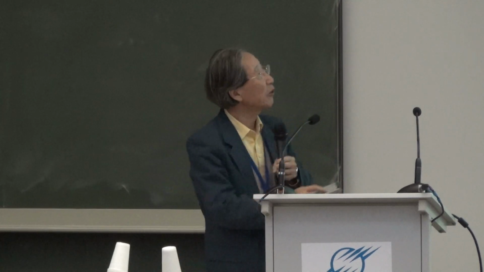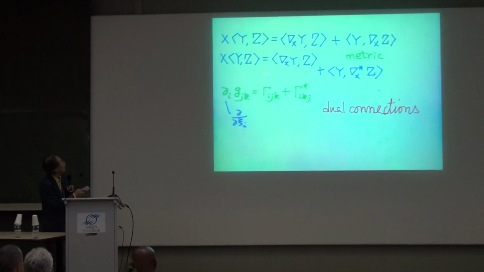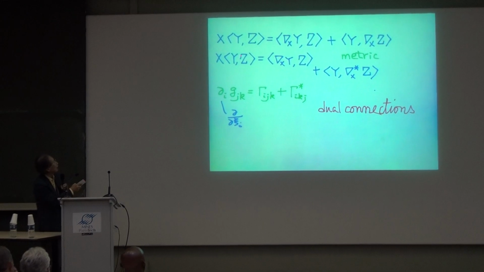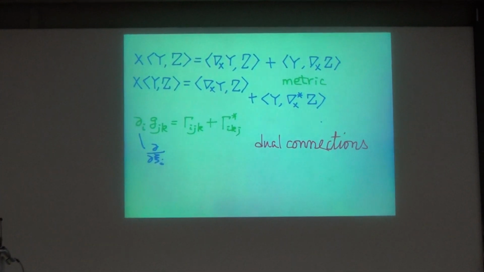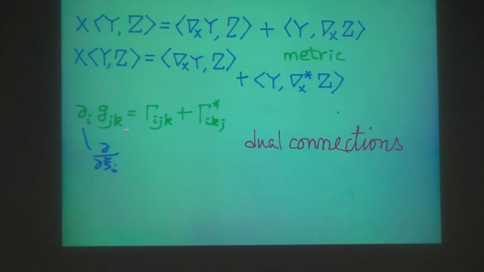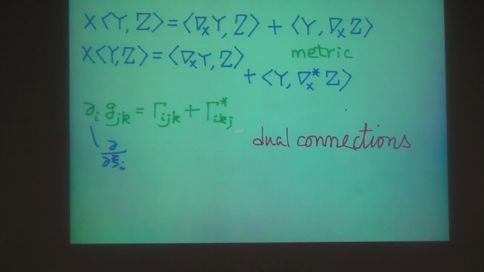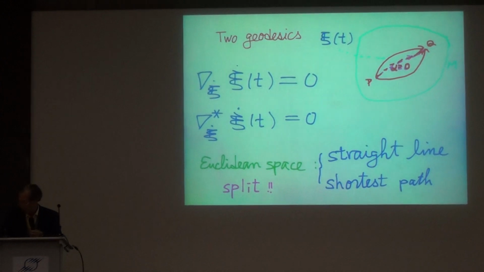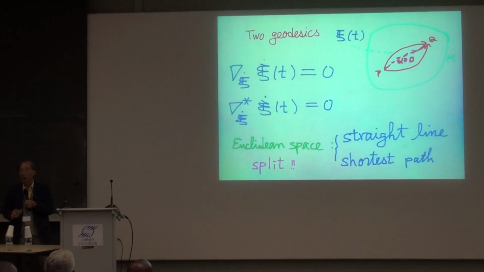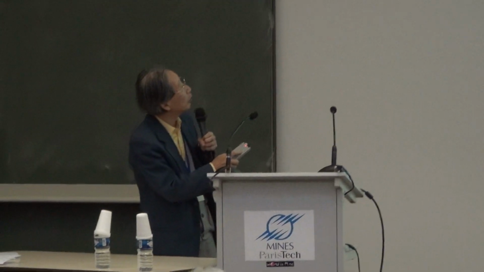And if you write the vector field expression and the covariant derivative, the dual connection is like this. And in coordinate expression, we can write it down this way. So it's a technical thing. And since we have two affine connections, what is the geodesic?